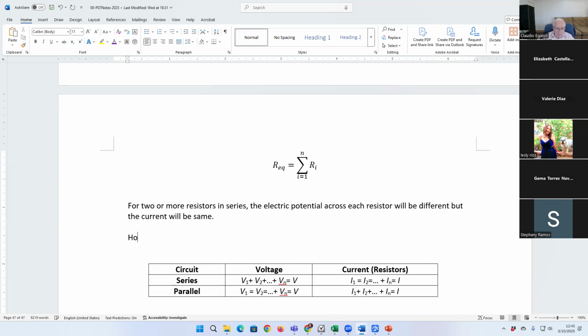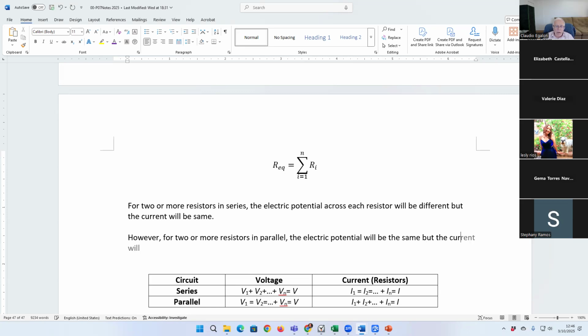However, for 2 or more resistors in parallel, the electric potential will be the same, but the current will be different.